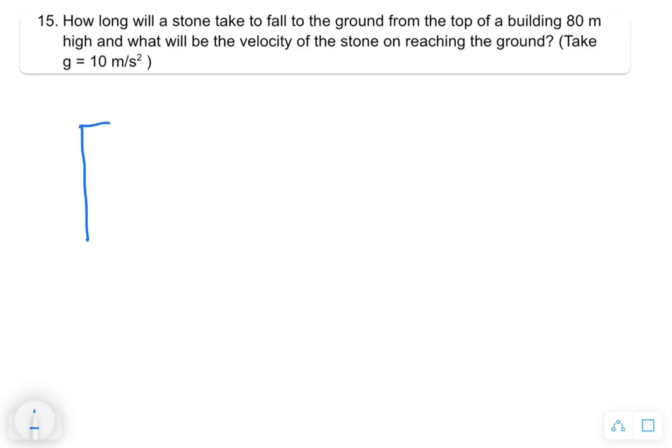Here is a building. A stone was thrown from the top of this building. The height of this building is 80 meters. So a stone was thrown.